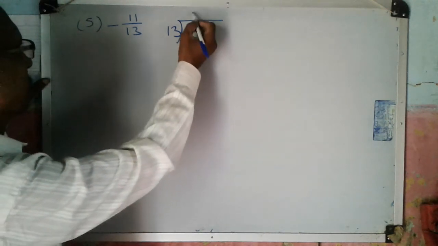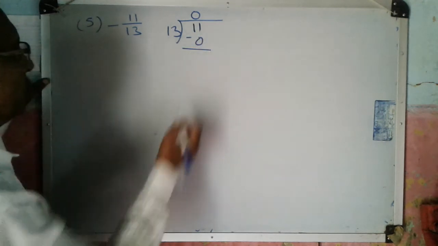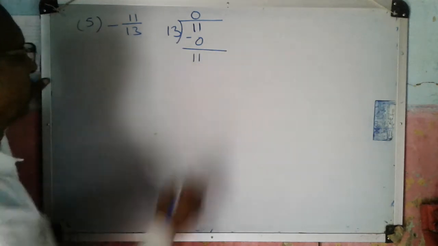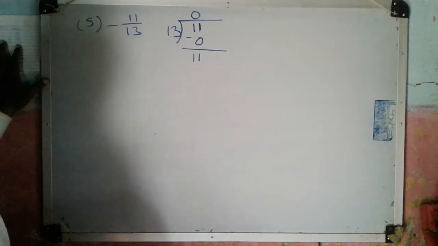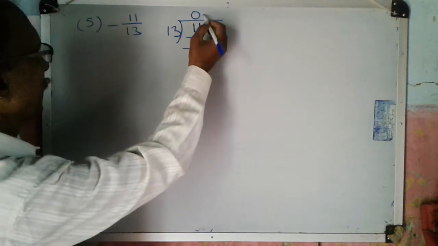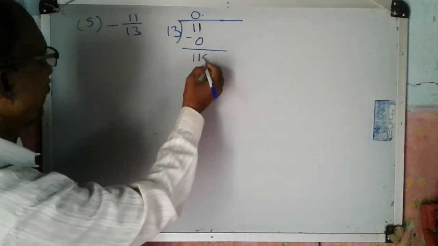So the first quotient digit is 0. 13 0s are 0. So here 11 minus 0 we get 11. Now here 11 is the remainder. 13 is the divisor. The remainder is less than 13. So put a decimal point here. To divide further, put a 0.